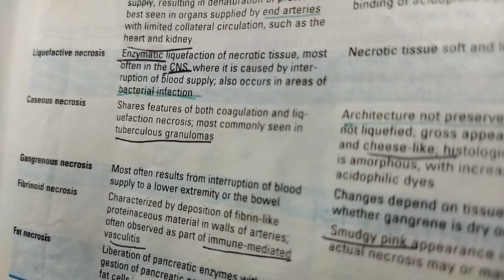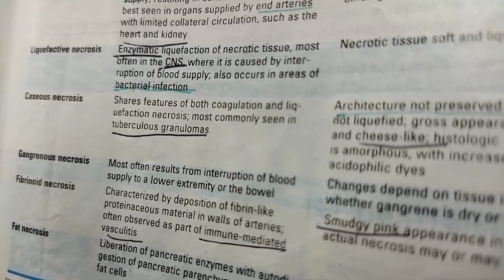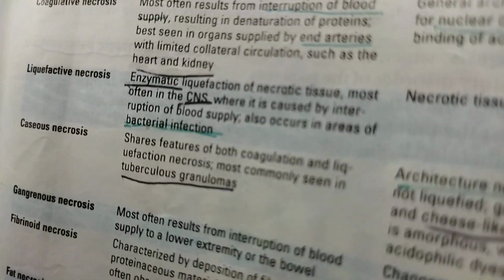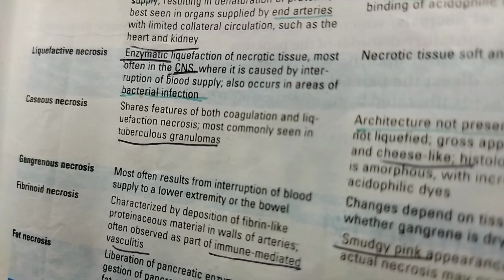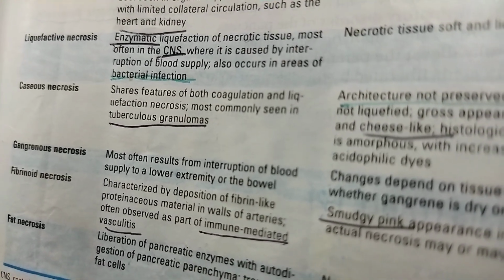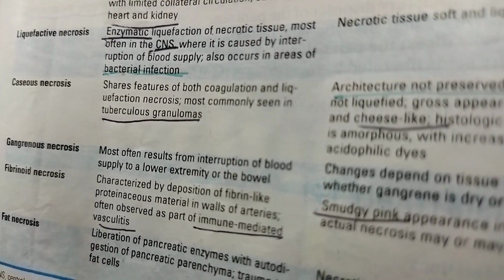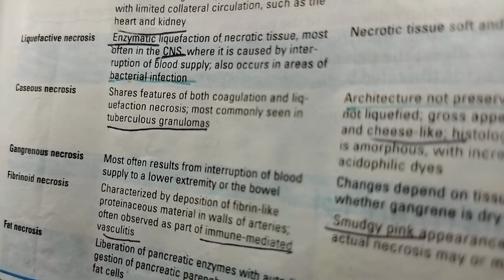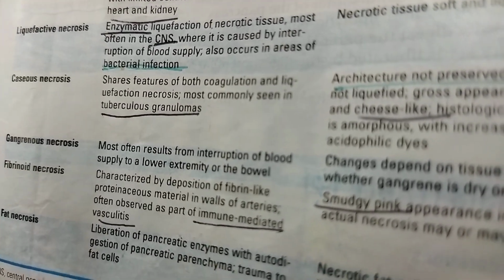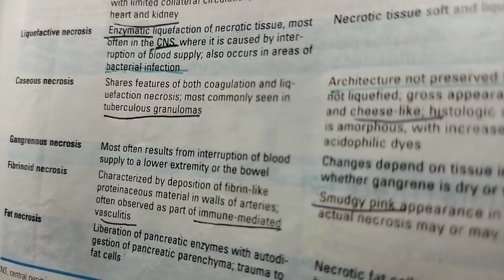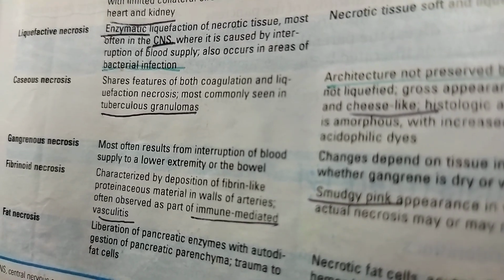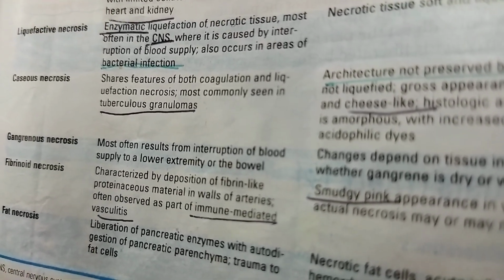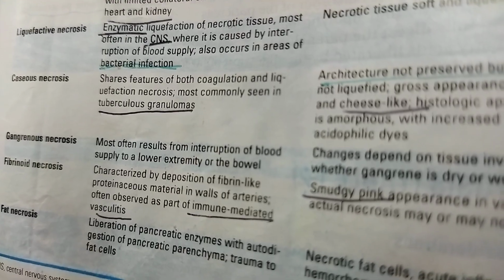In which type of granuloma, tuberculous granuloma, which type of necrosis occurs? Then we will take caseous necrosis. MCQs like that may come slightly changed too. Caseous necrosis occurs in which type of granuloma? The answer will be tuberculous granuloma, and there may be some other options with it.